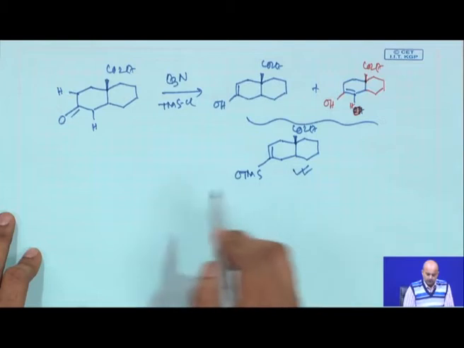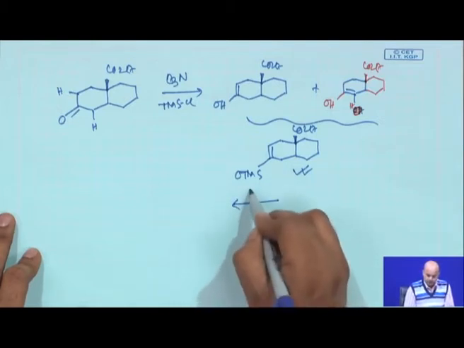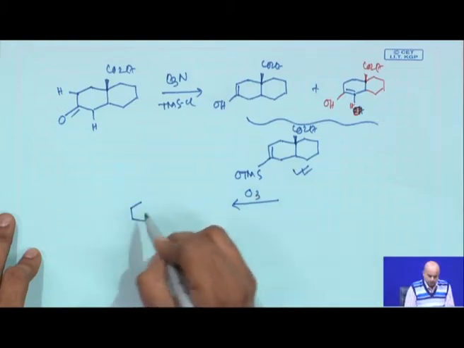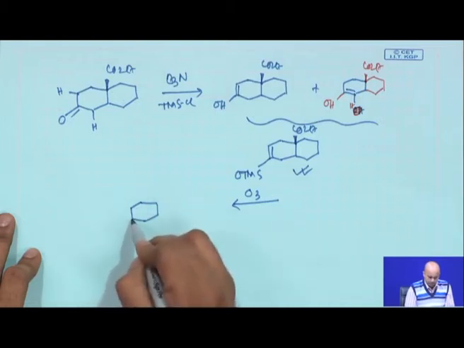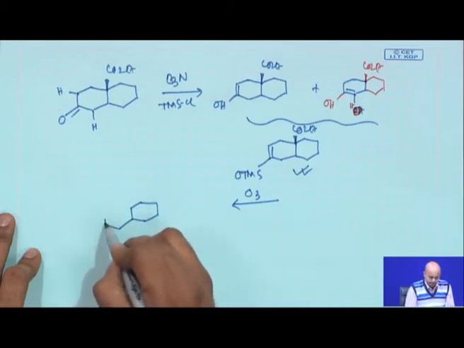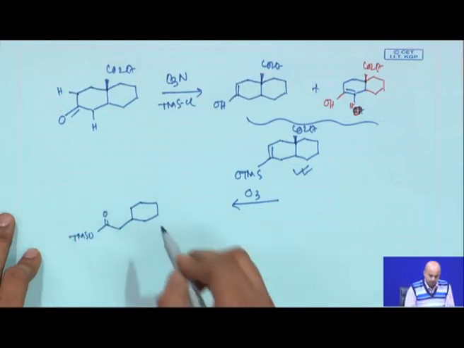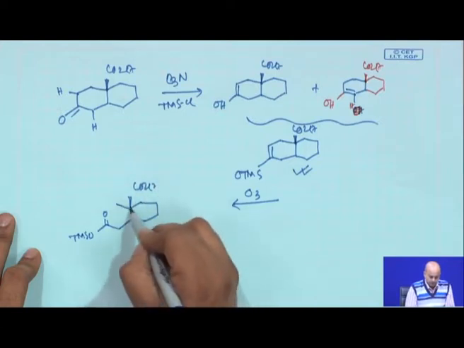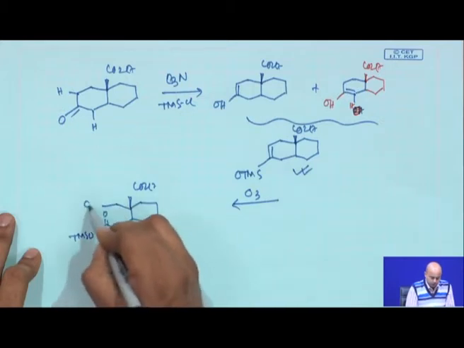Now, if you do an ozonolysis on this enol ether, what will you get? You get a C double bond to TMSO, and you have this CO2 here, and then you have this CH2 CHO.